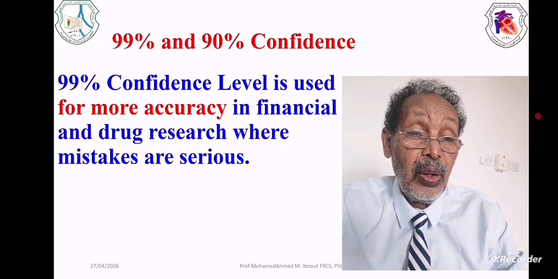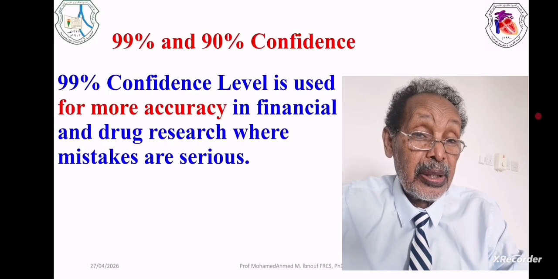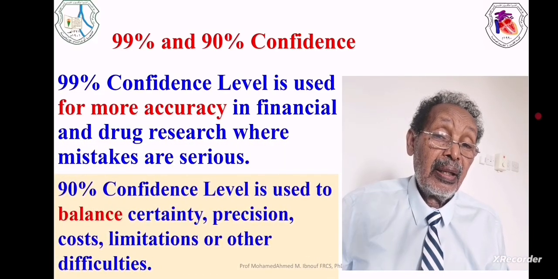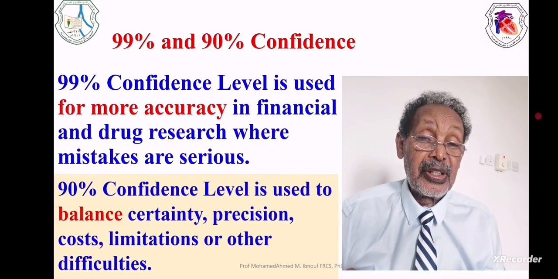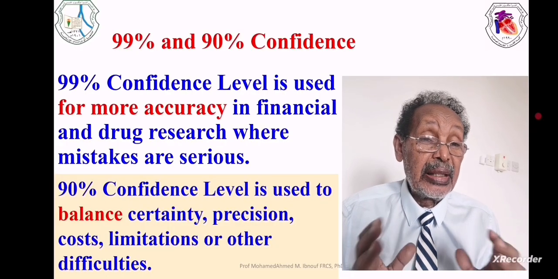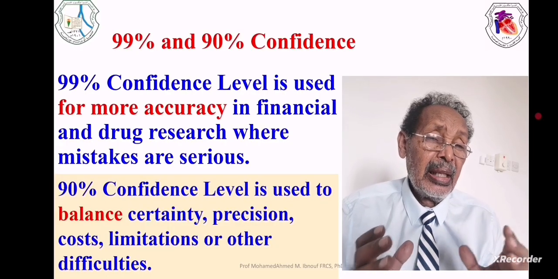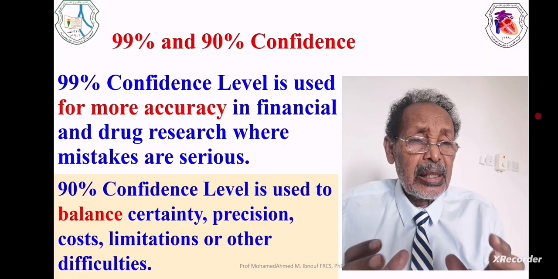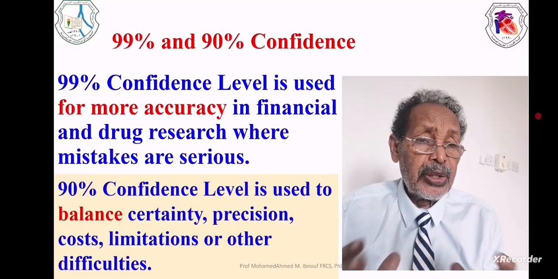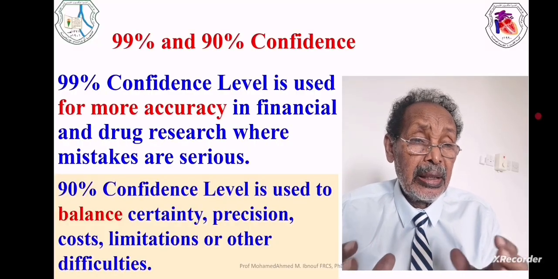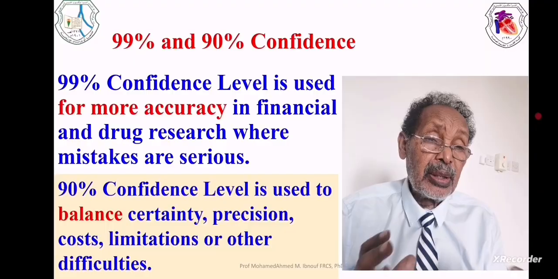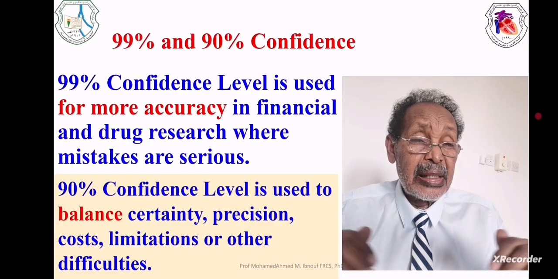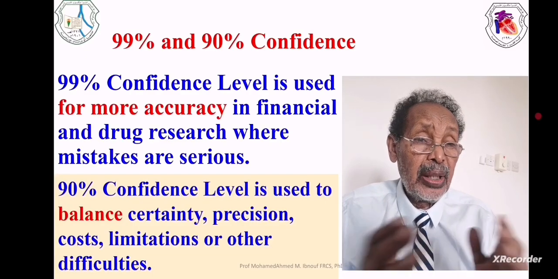But when we go for the 90% confidence level, the z-value will become less. We use the 90% confidence level if we have some sort of difficulties, to balance some sort of uncertainty or difficulty in high precision, or some sort of high cost, or some limitations in the study, or any other difficulties.